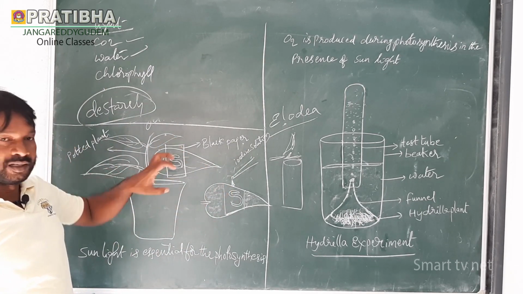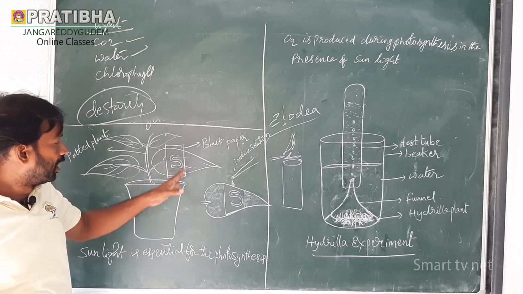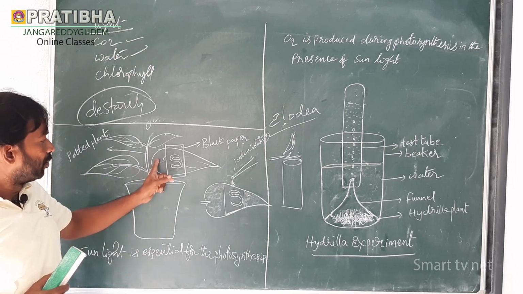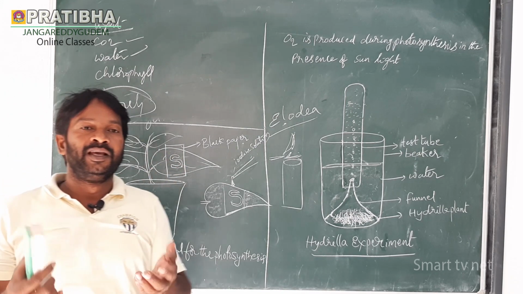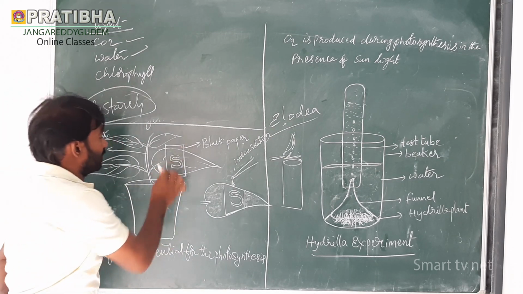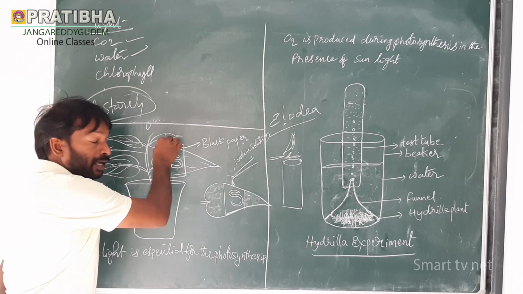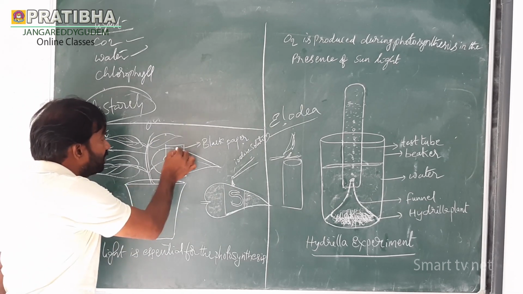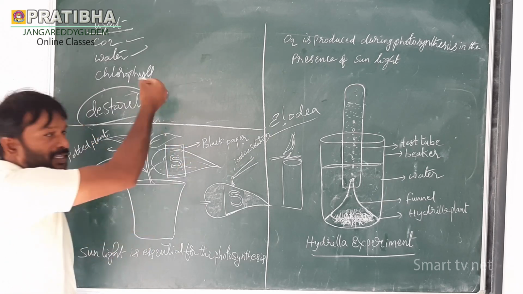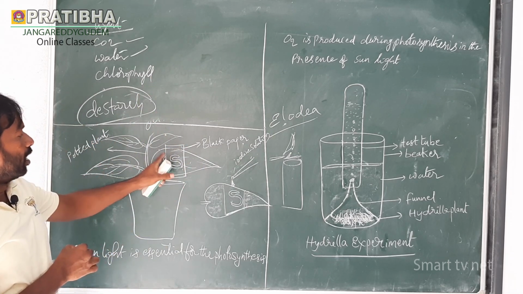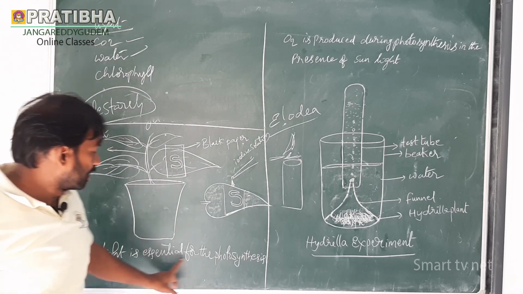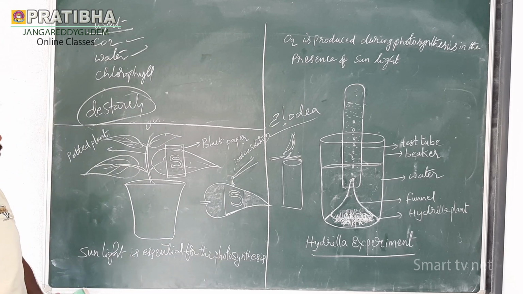The portion which was covered does not change into blue-black color, and the remaining portion of the leaf changes into blue-black. This indicates that the covered portion was not exposed to the sunlight and the remaining portion was exposed. So only the exposed portion changes into blue-black color. By this experiment we can prove that sunlight is essential for photosynthesis.